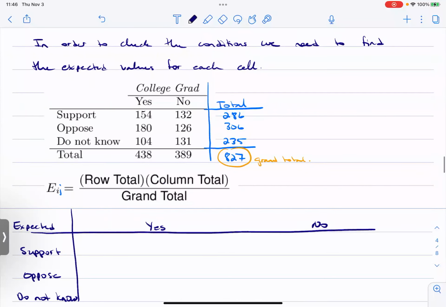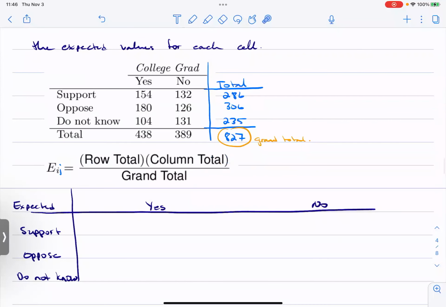Because I have to do this calculation for each cell, I'm going to give myself lots of room.